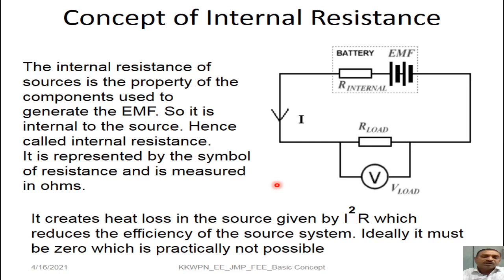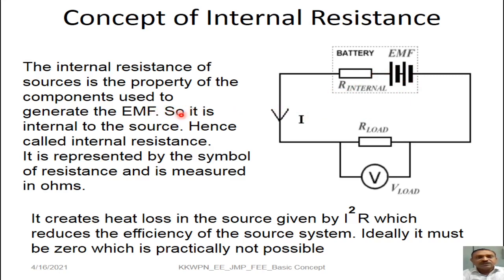Now we will consider the concept of internal resistance. This diagram will be helpful in getting the idea about the internal resistance. Every battery or cell is made from certain materials that comprise the cathode and anode and certain chemicals.